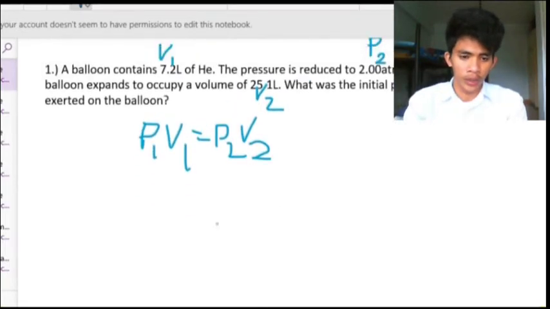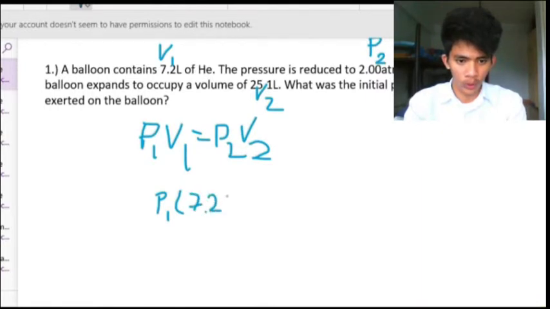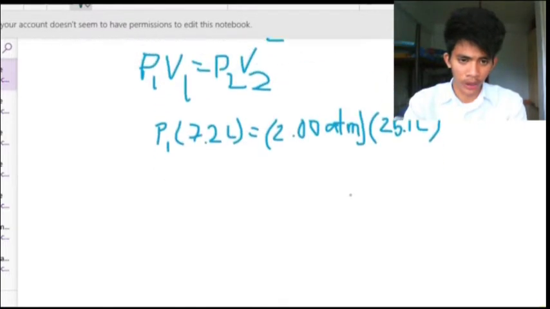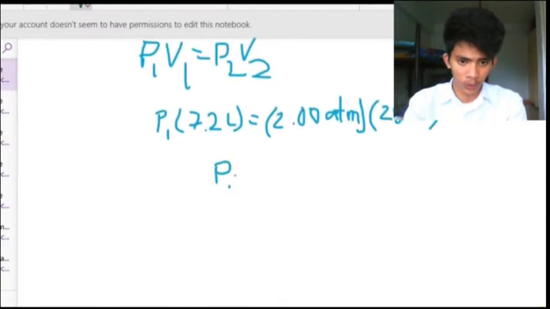P1, which is unknown, times V1, which is 7.2 liters, equals P2, which is 2.00 atm, times V2, which is 25.1 liters.